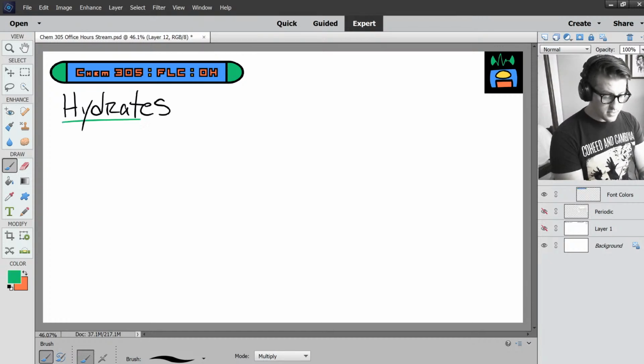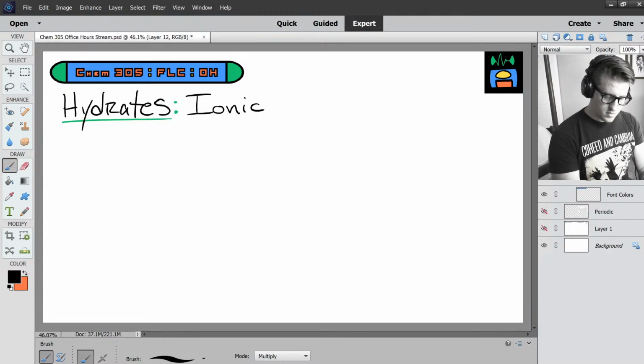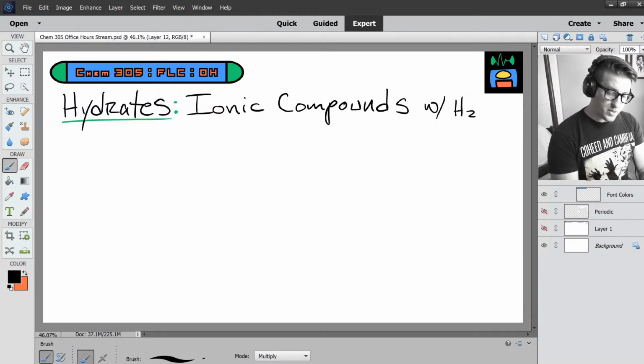And hydrates are literally ionic compounds with water molecules stuck to them.